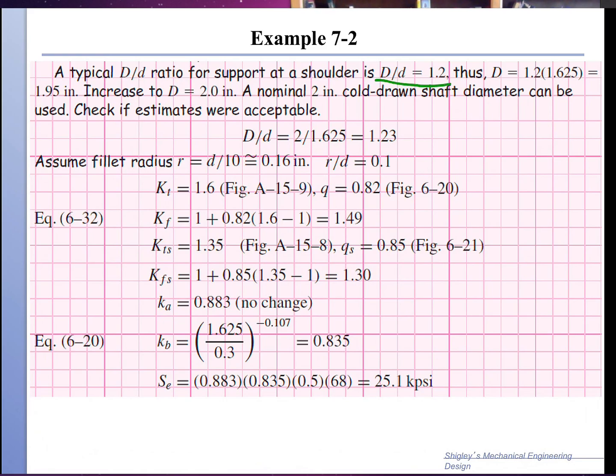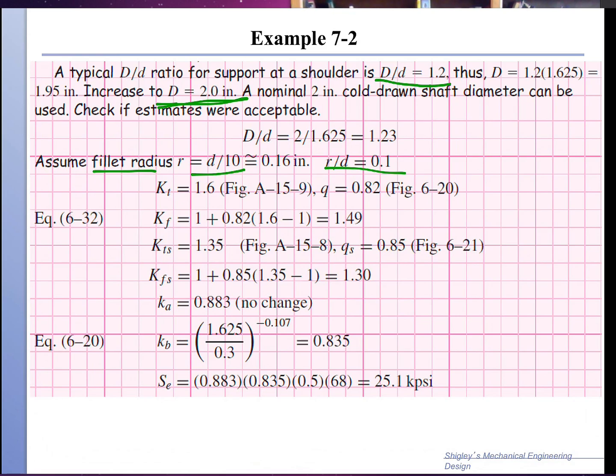So 1.2 is the ratio. So the largest diameter in the shaft is 2 inches. And then once we have this, we assume a fillet radius of 10% of the diameter. So R over D is equal to 0.10.